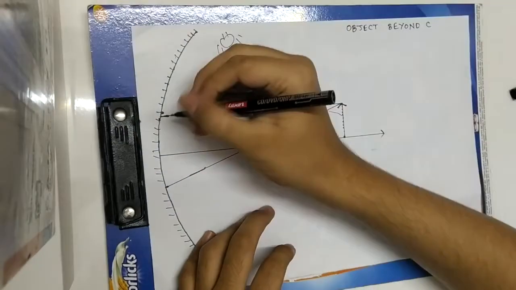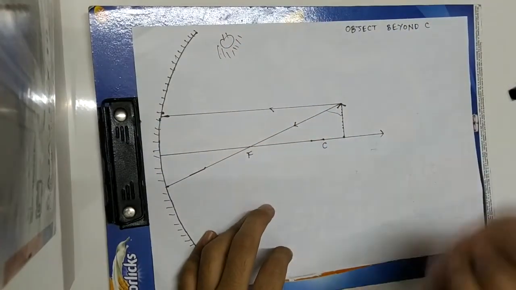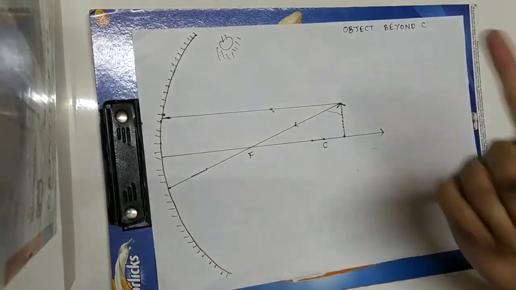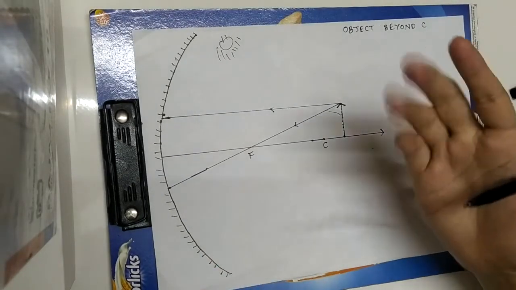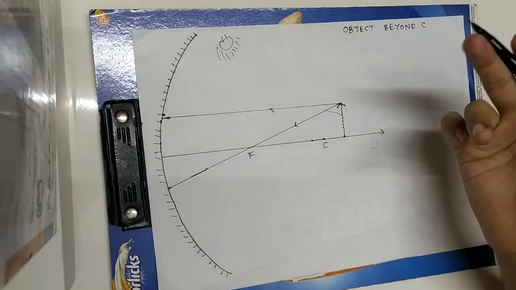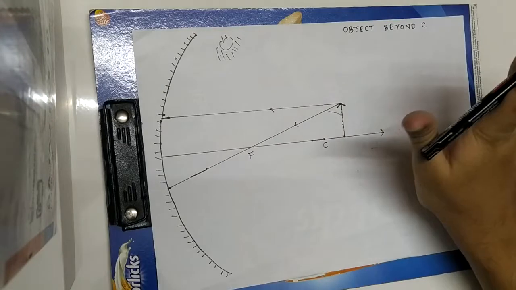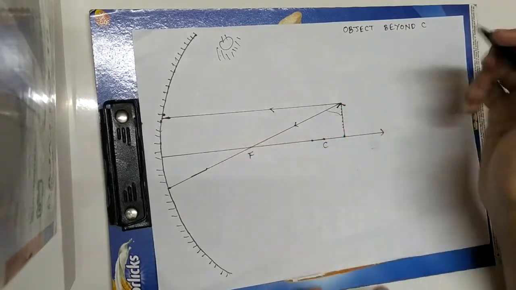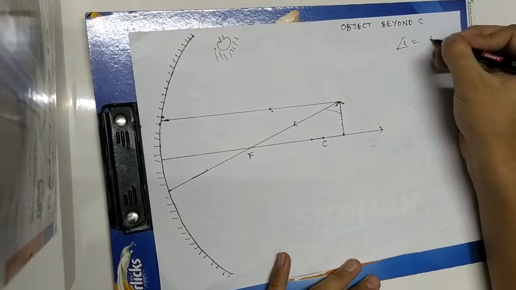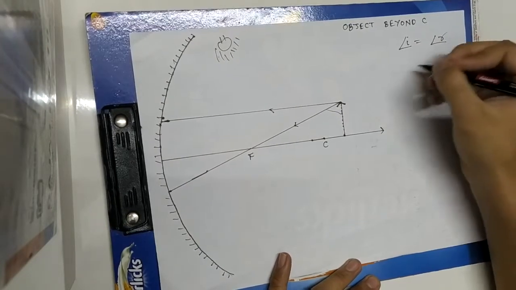Now we have to know where these two rays are going to be reflected. How do we know that? We could either use the four rules that we had seen, in which case it will become easier, or we can use the laws of reflection. The first law is angle of incidence equal to angle of reflection.